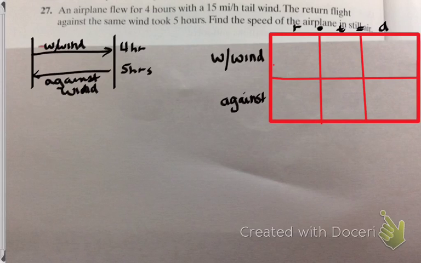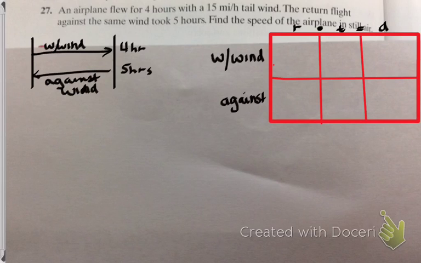But what happens on that flat escalator if I all of a sudden start walking and it's pushing me at the same time? You go so fast. So you've got the rate of your body and the rate of the machine, or the rate of the wind, or the rate of the current. Do you understand? So when they add wind or current, it's just another speed that's getting added to your rate.